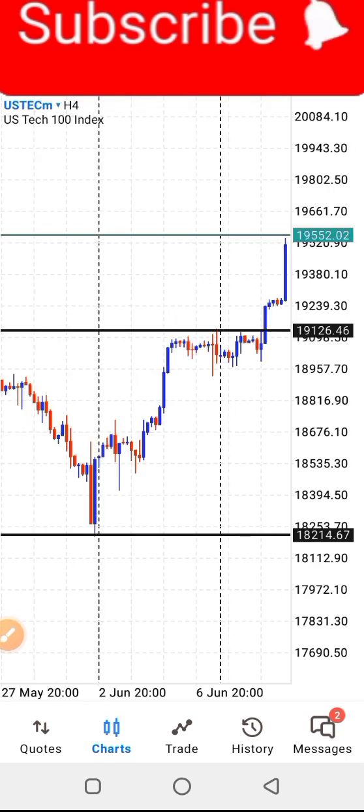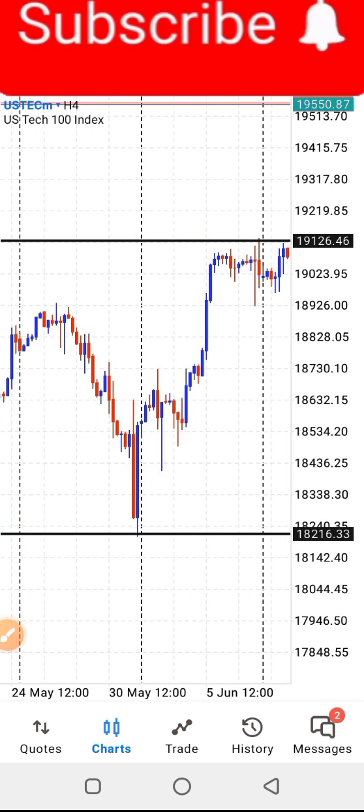Right here is the H4 time frame. And when it comes to anything that looks like break and retest, the bigger the time frame, the stronger the level. That's general knowledge when it comes to Forex, and every other type of trading, even crypto and any other type you can think of.